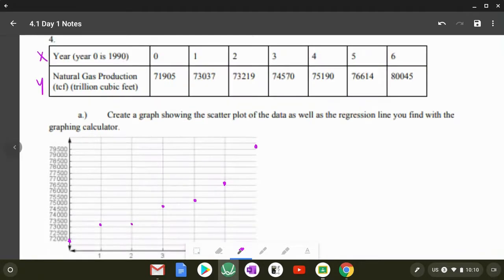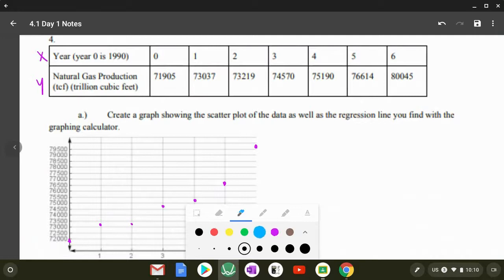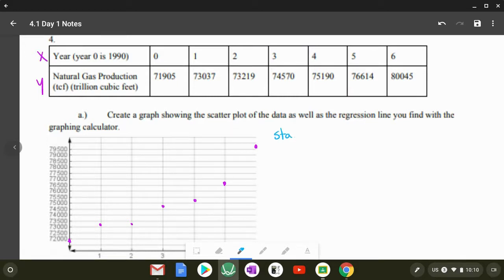Okay, when we look at these data points, lucky for us, we have our calculators, so those are very nice. A couple buttons you're going to hit: stat, then edit. Okay, so you're going to hit stat, then edit, and I'm going to show you this in a minute. But it's important that we make L1 your X values, so the first row, L2 the Y values, okay?